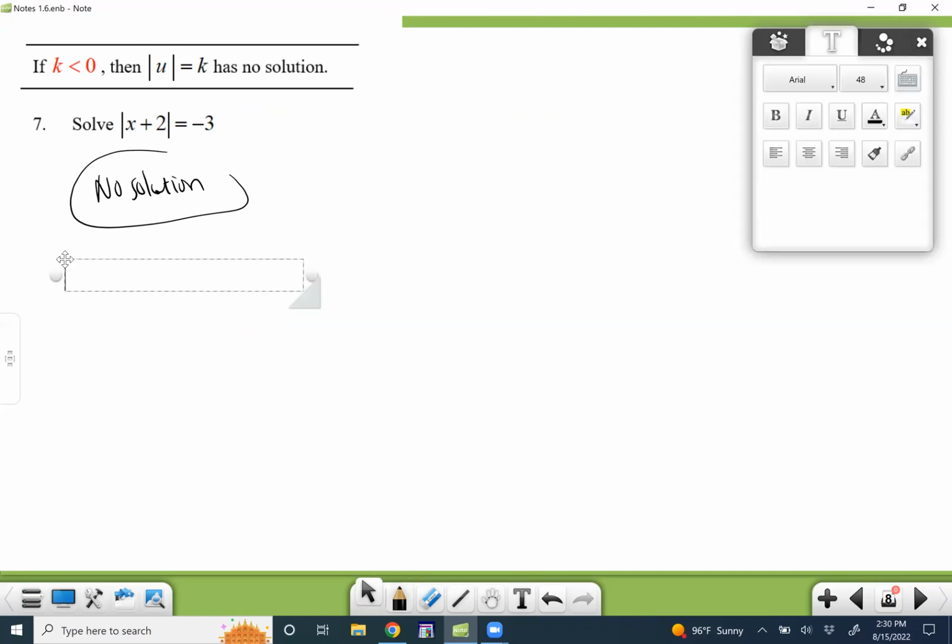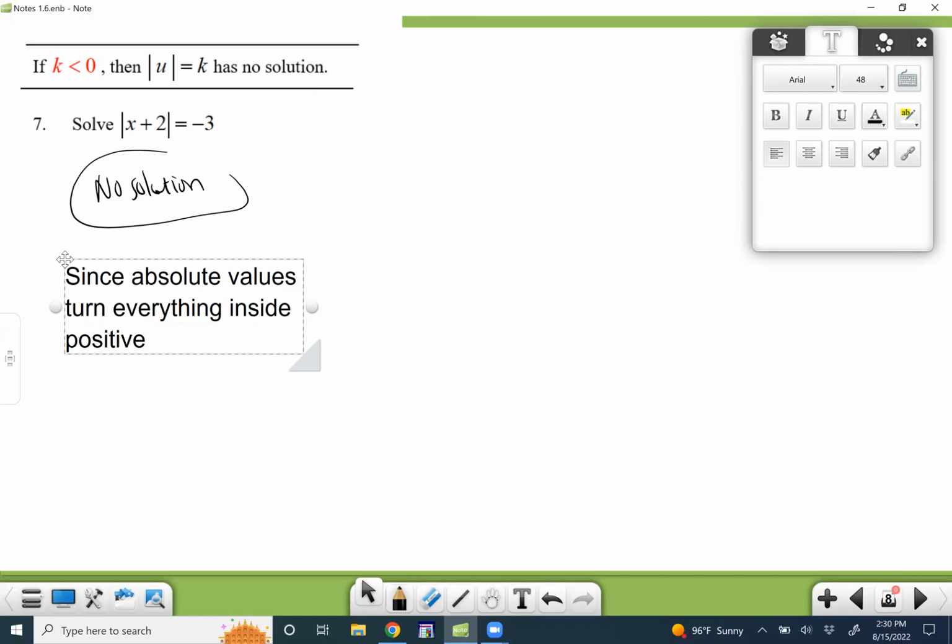So there is no way that an absolute value could ever equal a negative, since absolute values turn everything inside positive. That's as long as there's one term, right? Or one number. There is no way an absolute value can equal a negative.